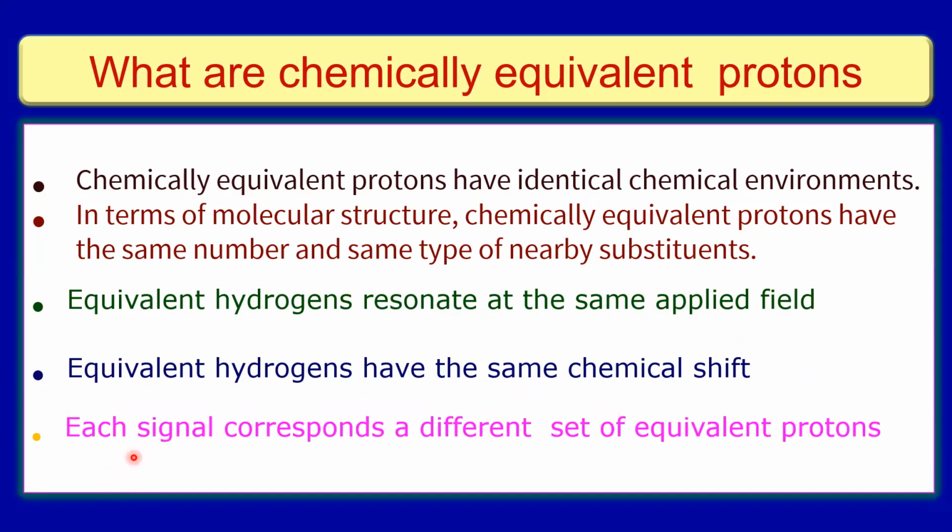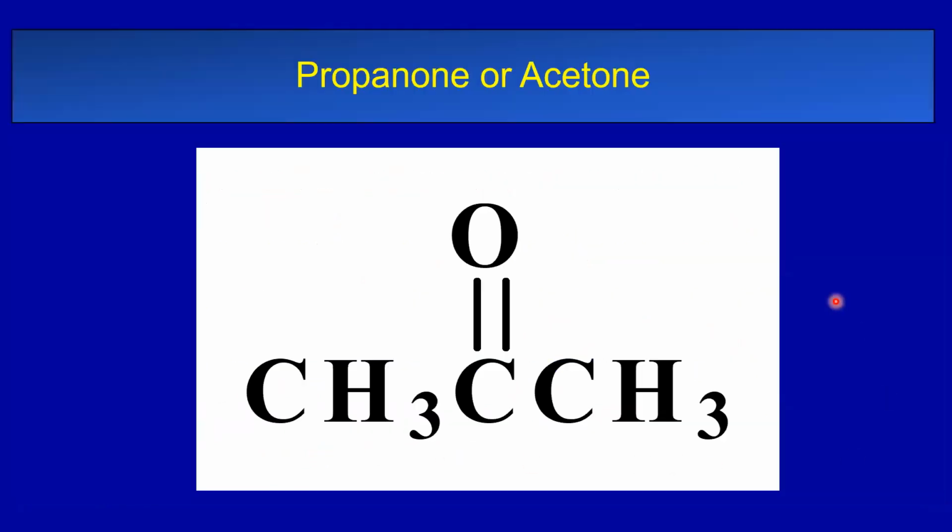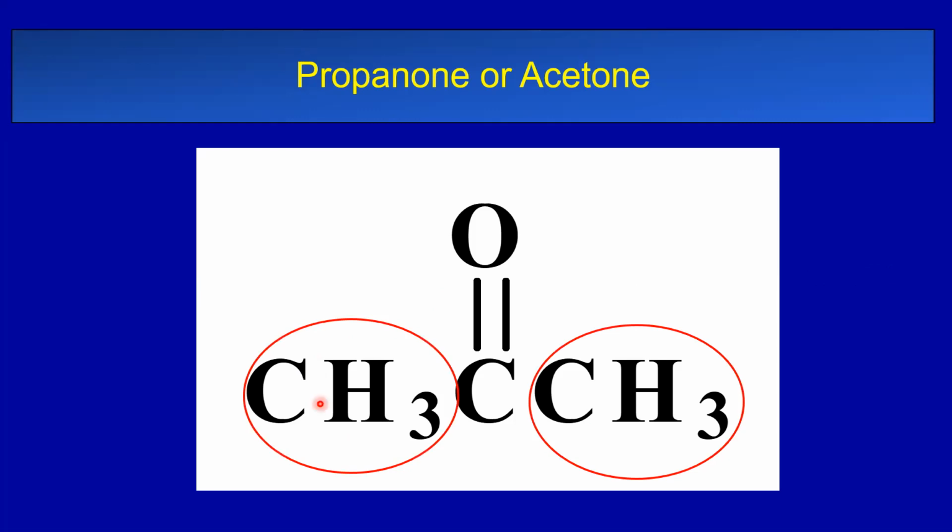So naturally, each signal corresponds to a different set of equivalent protons. Let's take a few examples to understand this aspect. Look at these protons and these protons, they have a similar environment. This one has an adjacent carbonyl group, and this group also has an adjacent carbonyl group.